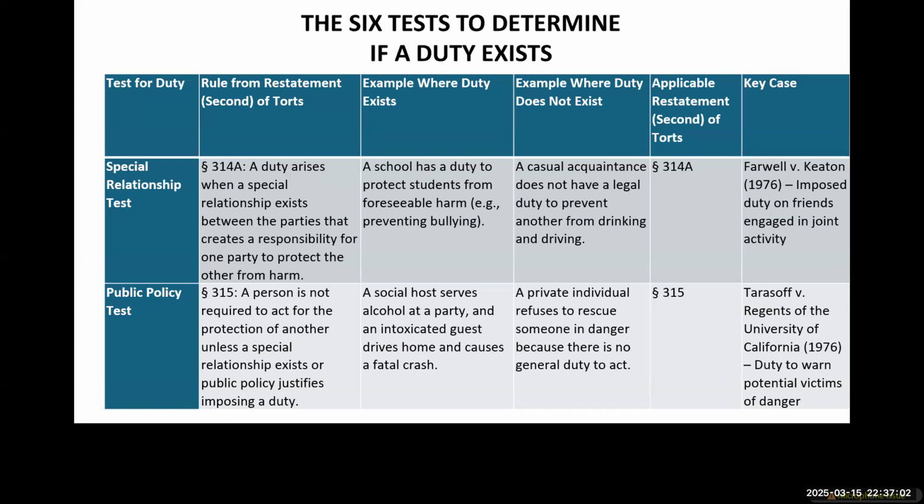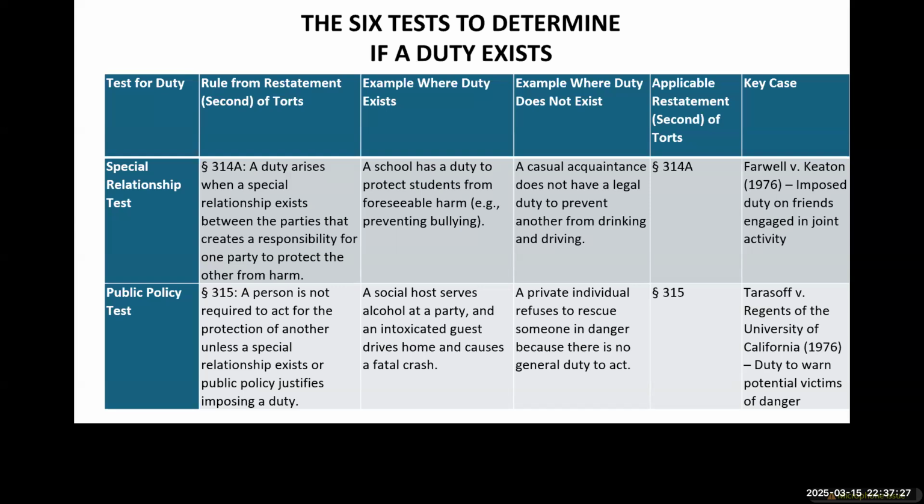Public policy. I have here 315, and 315 really doesn't say public policy. And so it's probably not going to be your strongest reference, right? Because sometimes our references are nuanced.